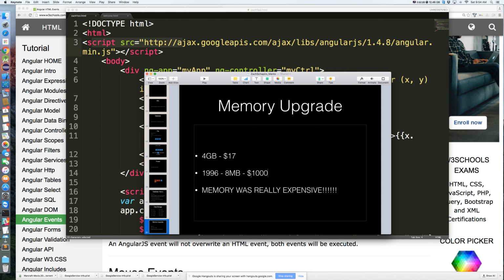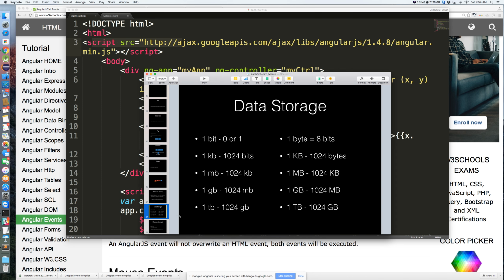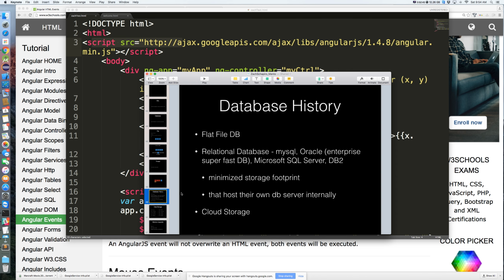In 1996, my hard drive size was 420 megabytes. That was the size of my hard drive, not my system RAM. So with all of this being said, memory was really, really expensive, which now you can probably connect the dots and say that's why it was so important for relational databases to minimize that storage footprint.